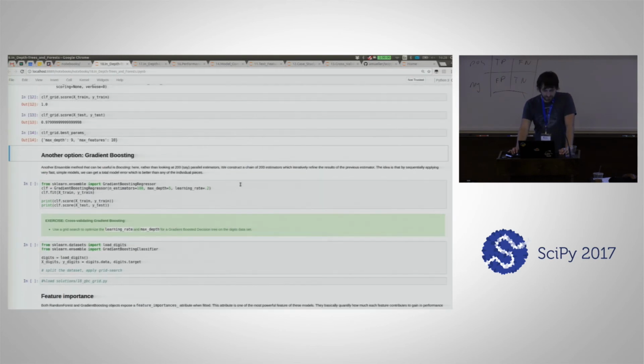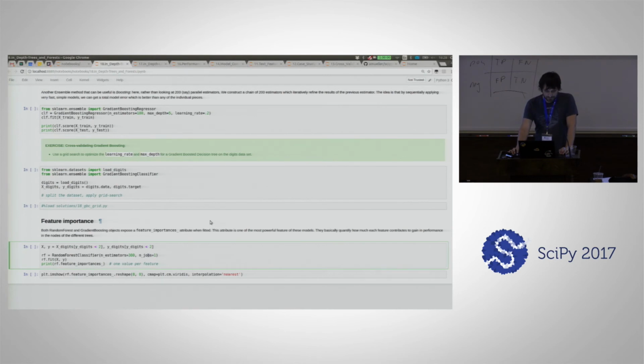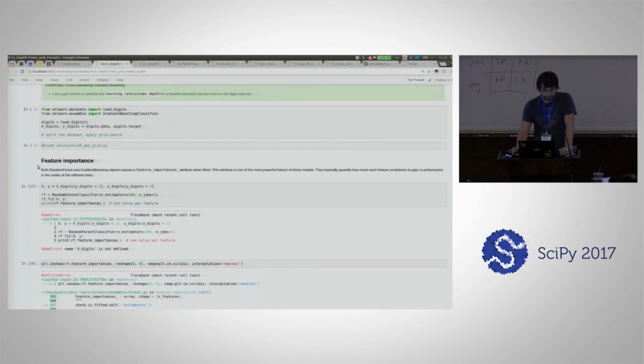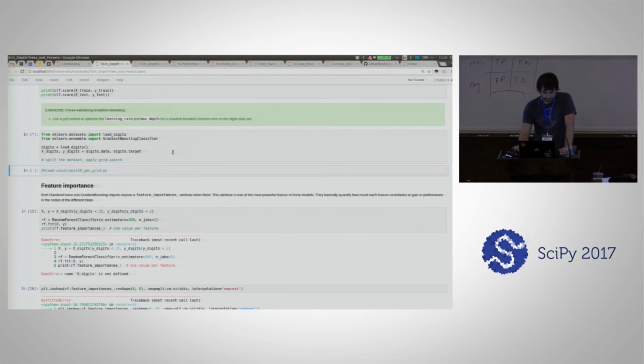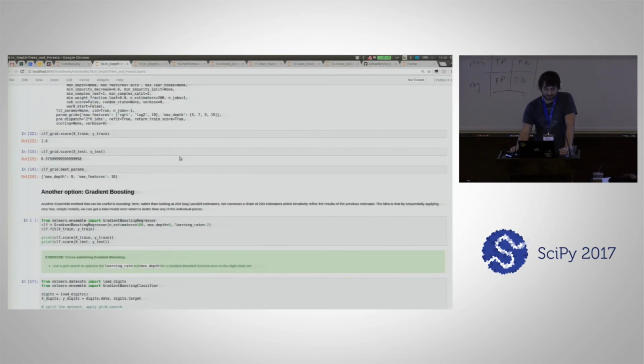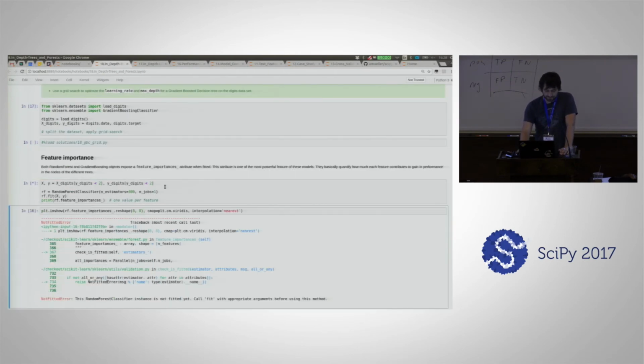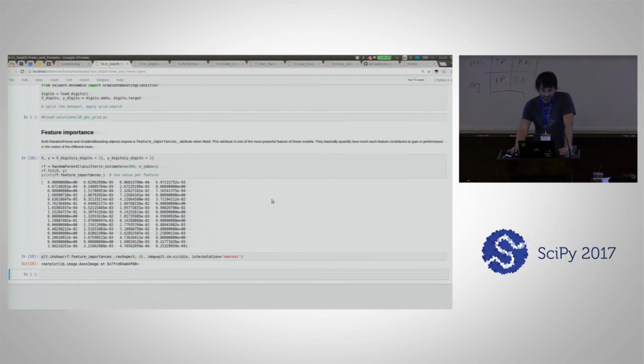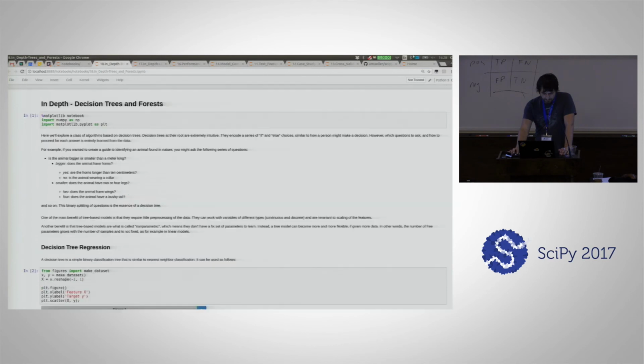I think I'm going to skip the gradient boosting, but just briefly talk about feature importances. Random forests can be a little bit hard to understand because there are hundreds of trees.